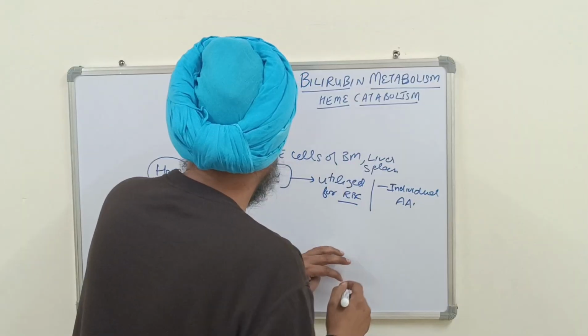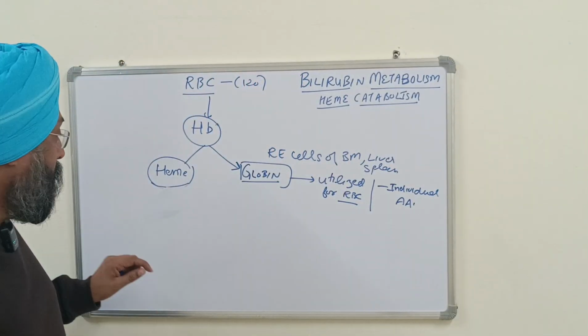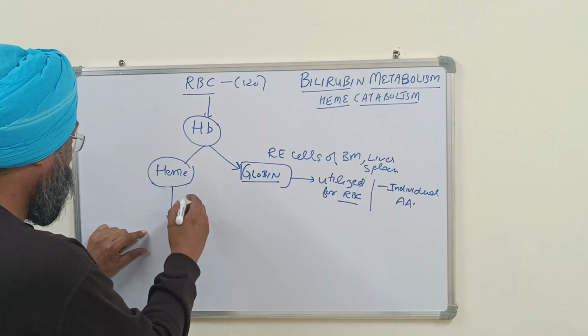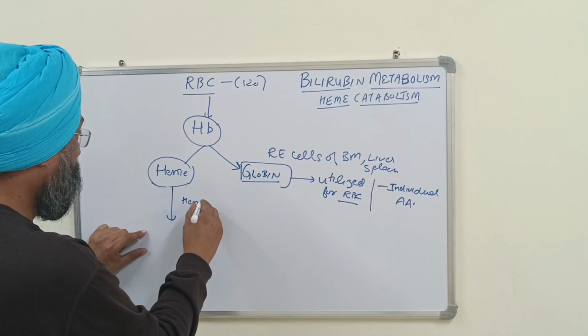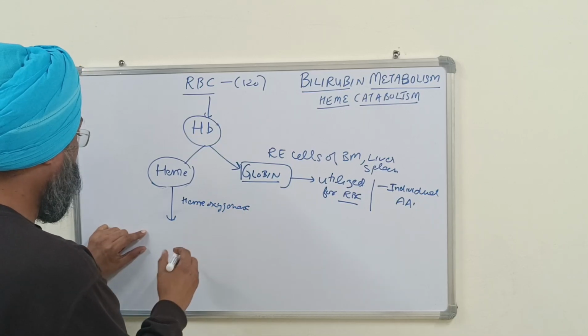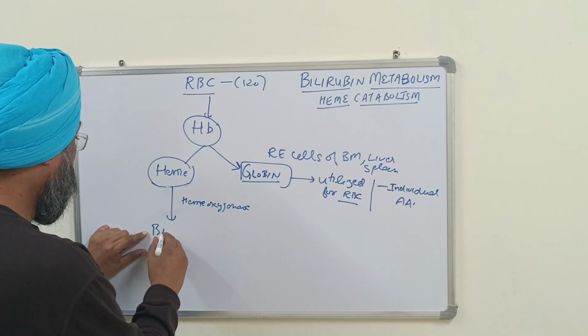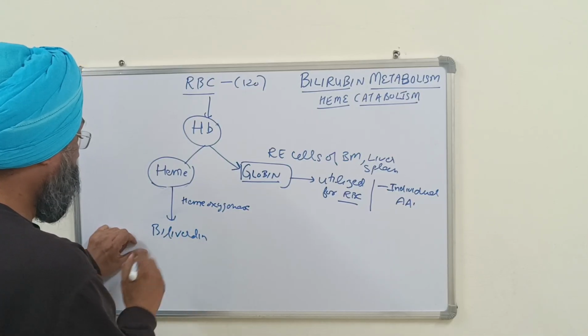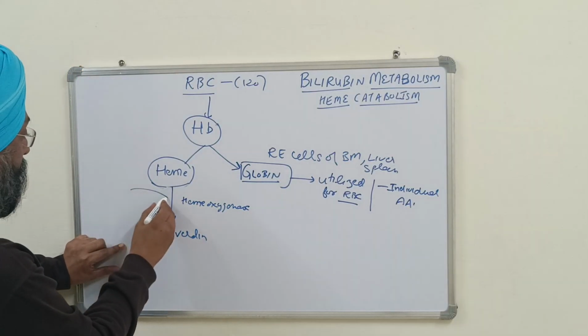The heme will further break down, and the first reaction is heme being converted via the enzyme heme oxygenase to form biliverdin.